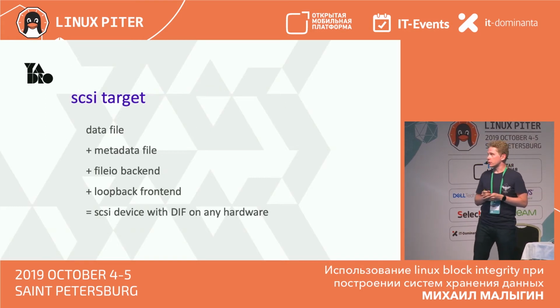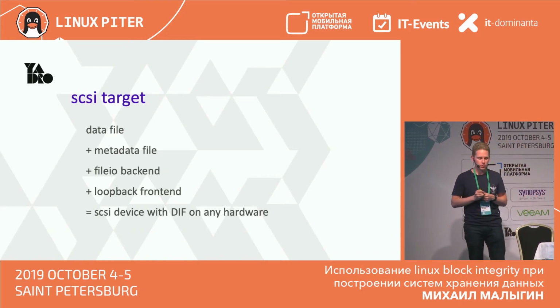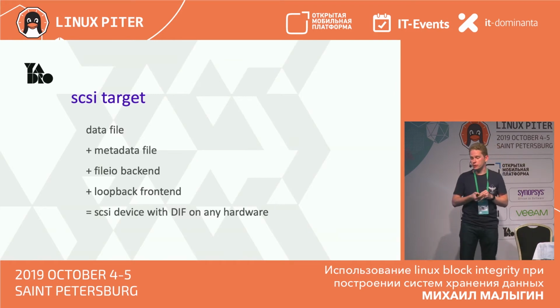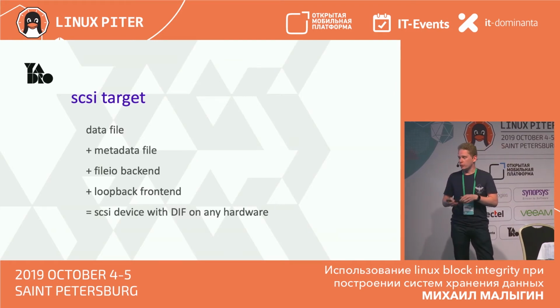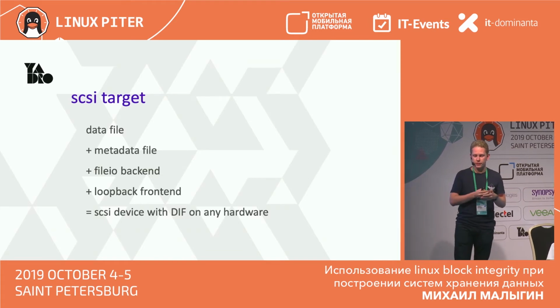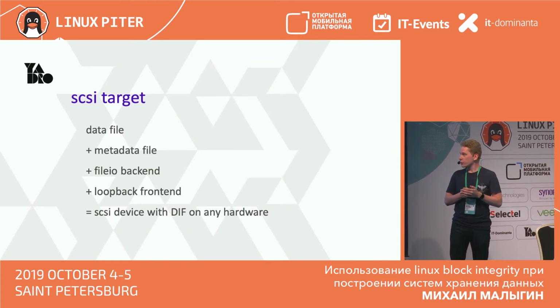So in Linux, we have a cool thing which is called SCSI target. Typically, it's used to export Fibre Channel out of Linux. Outwards, there is a backend and frontend, and all together it's like a SCSI device.